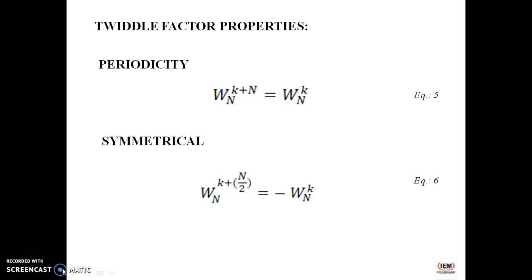We consider here that the periodicity equation is equation number 5 and the symmetry equation is 6.